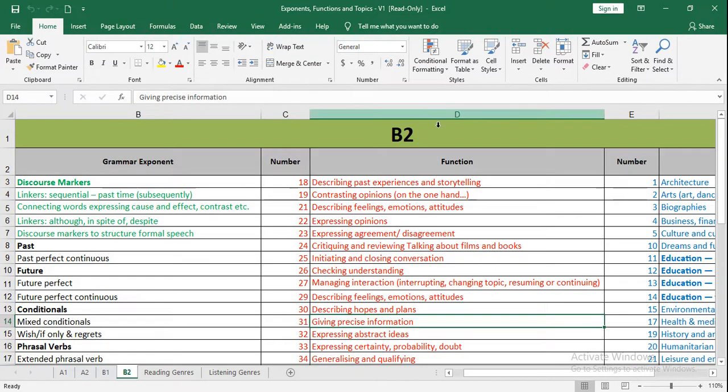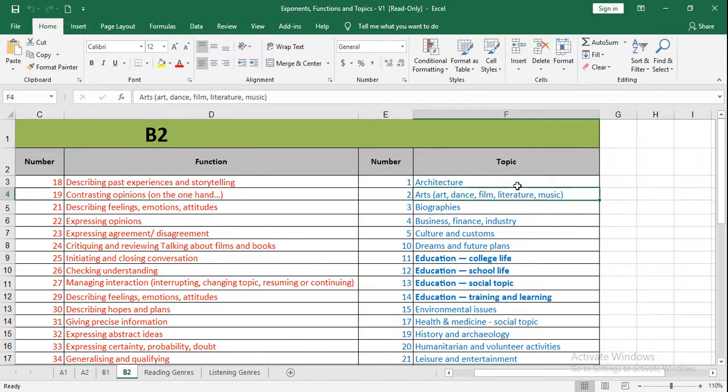By the time we get to B2, for example, we're on to past perfect continuous, future perfect, these kinds of things, and more complex functions, so describing more abstract things like opinions and disagreements and feelings and emotions and so on. And then similarly the topics are also developed. So here we've got things like business and culture and environment and so on.